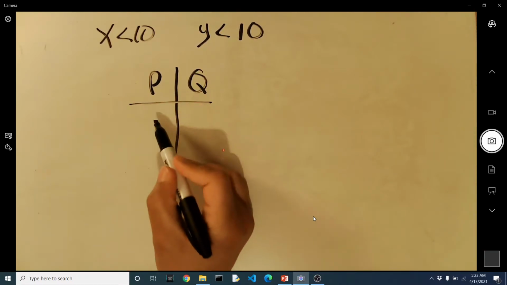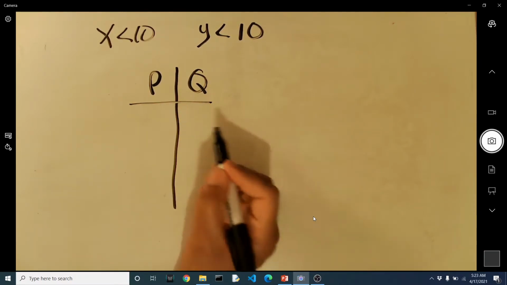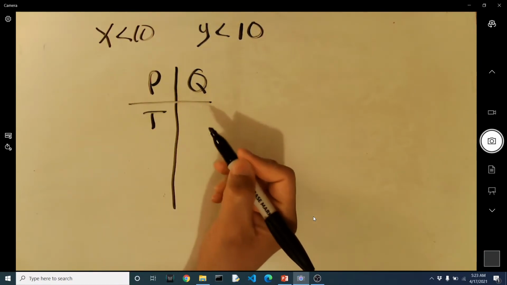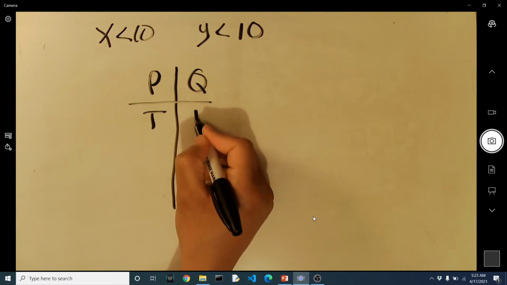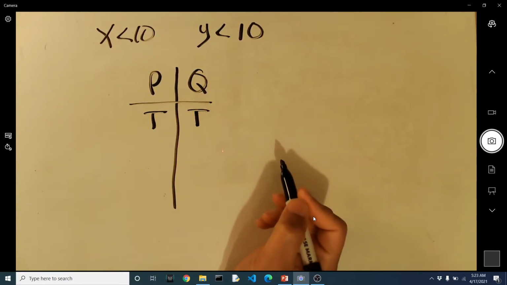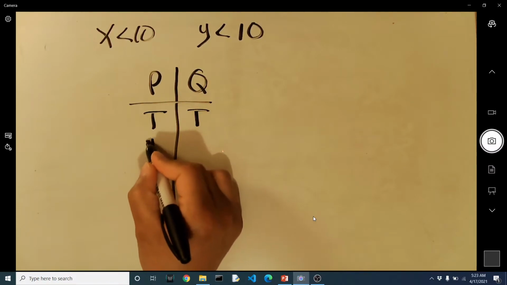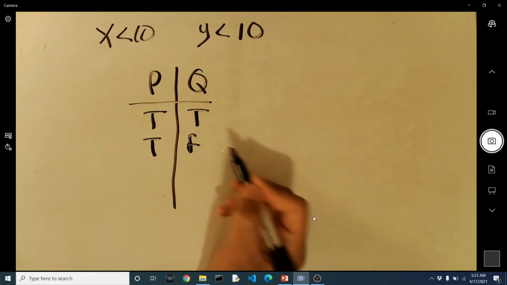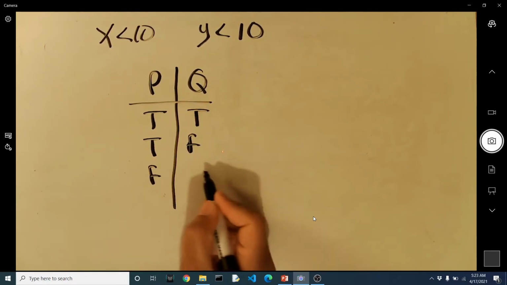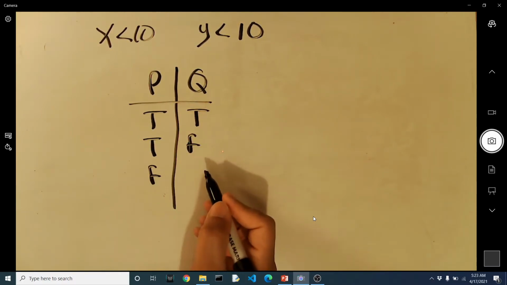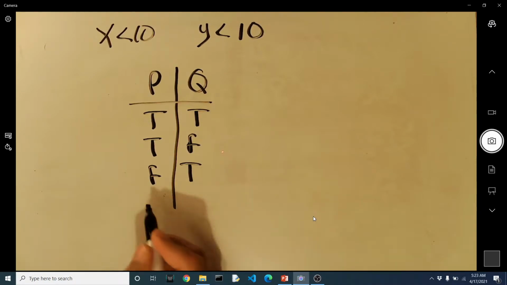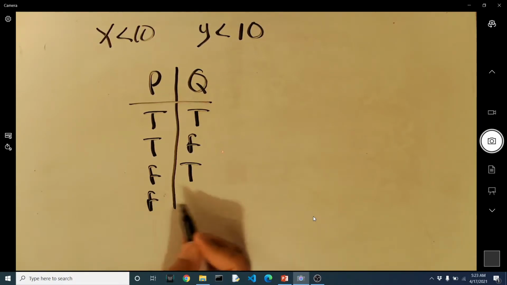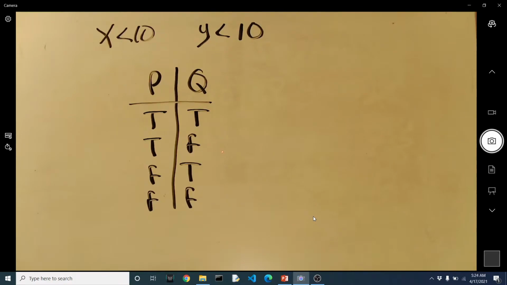There was a scenario where we found that the x was less than 10 and the y was less than 10. There was another scenario we tested out where the x was less than 10 but the y wasn't, and also the reverse where the x wasn't less than 10 but the y was. And then our last scenario was the fact that neither value was less than 10.